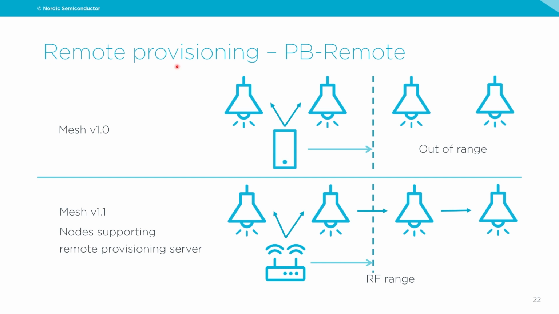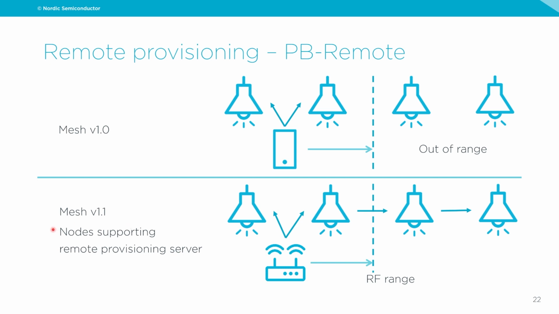So remote provisioning, to delineate the difference between Mesh 1.0 and now Mesh 1.1. If you have, for example, a mobile phone that was being used as the provisioner, you would have to be within RF range. So if you were provisioning, for example, light bulbs, you would have to be within range, provision those devices, and then you would have to move within range of other devices that you wanted to provision.